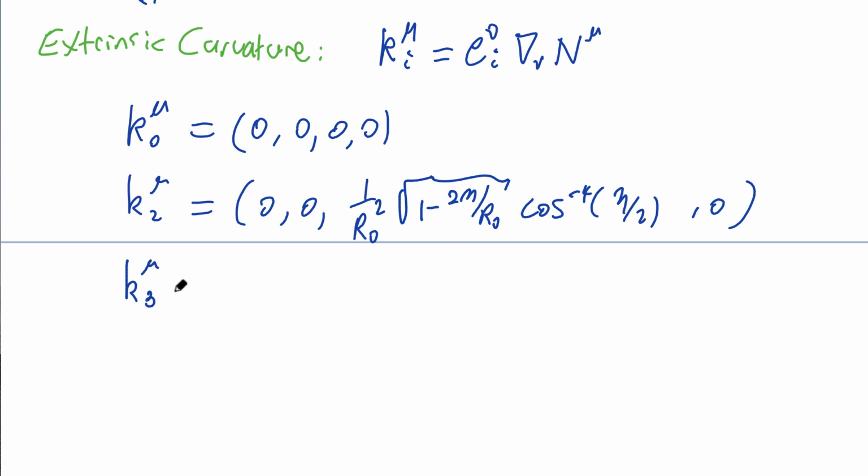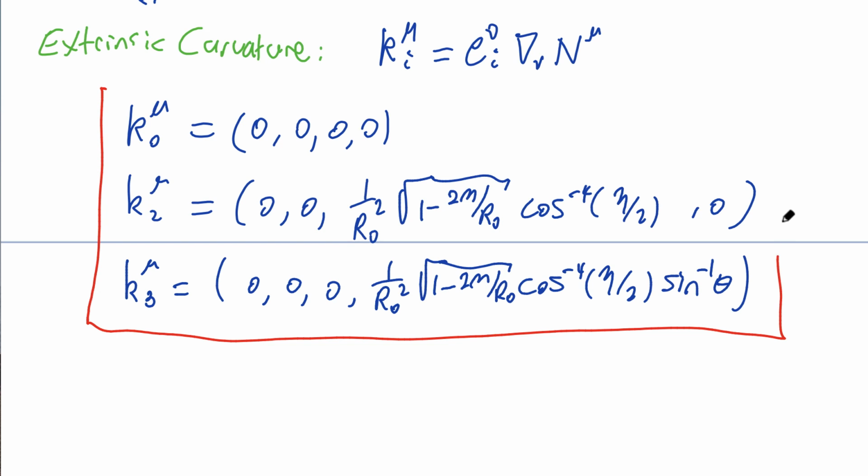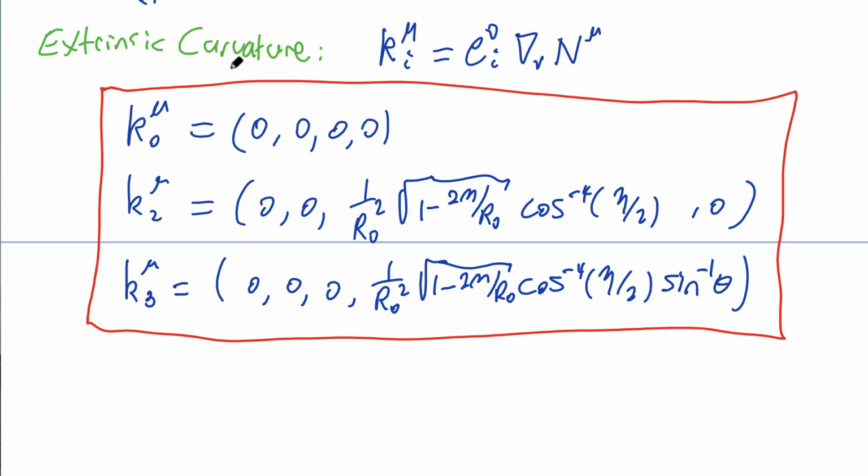And K3 is 0, 0, 0, 1 over r naught squared times square root of 1 minus 2m over r naught times cosine to the minus 4th power of eta over 2 times sine inverse, that's 1 over sine of theta. So this is the extrinsic curvature of the surface as a subspace of the interior geometry. And now we turn to computing the extrinsic curvature of the surface as a subspace of the exterior.